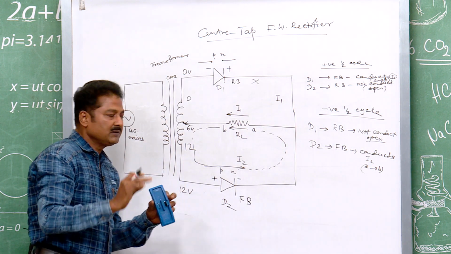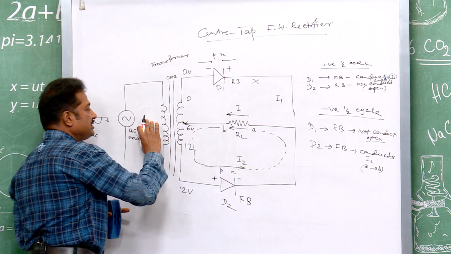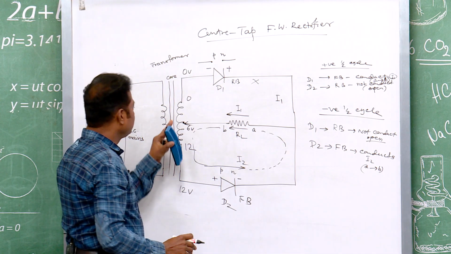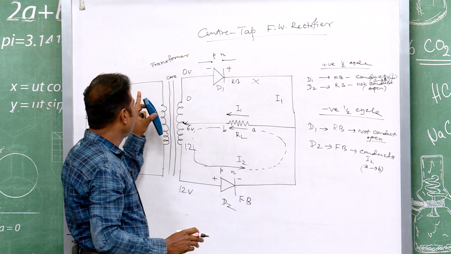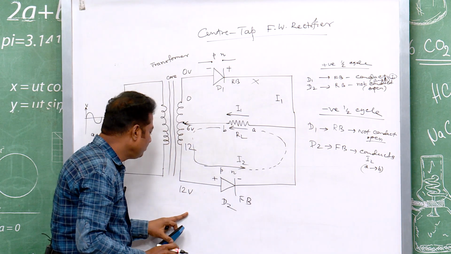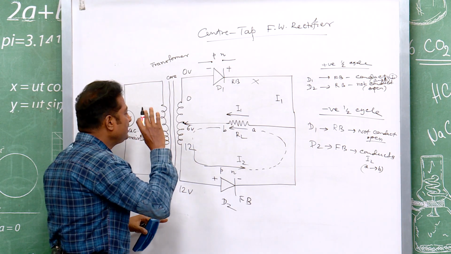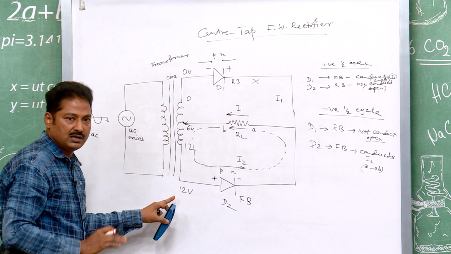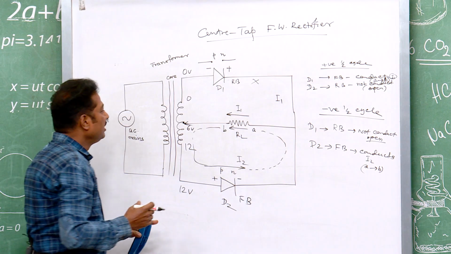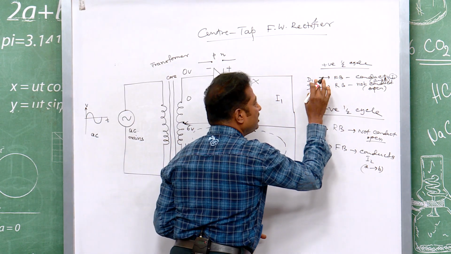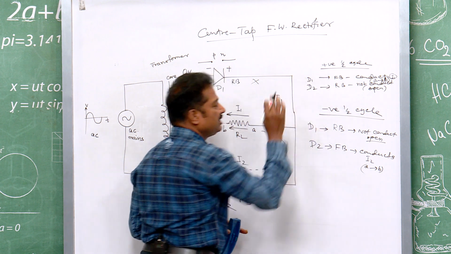Just a summary: this is your AC transformer to step down the voltage from 220 or whatever it may be to our usable voltage, suppose 12 volt. Then this 12 volt AC has to be rectified. For the positive half cycle, as we have discussed, D1 is forward biased, D2 is reverse biased.